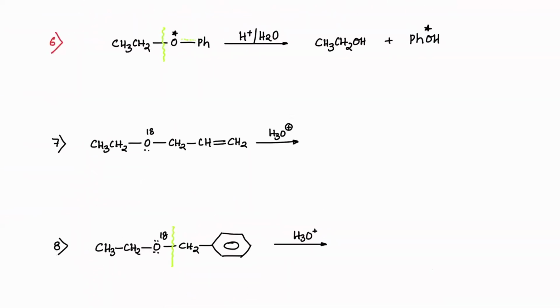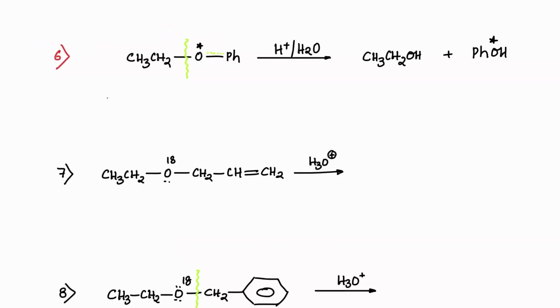See the sixth case. Once there is a phenyl group here, the phenyl group will constantly give double bond character. Simple reason: there is an ethyl here, oxygen, and then phenyl here. By nature it will have resonance stabilization, correct? So as it is, the proton is less available, but let's say you somehow manage to make a protonation here.